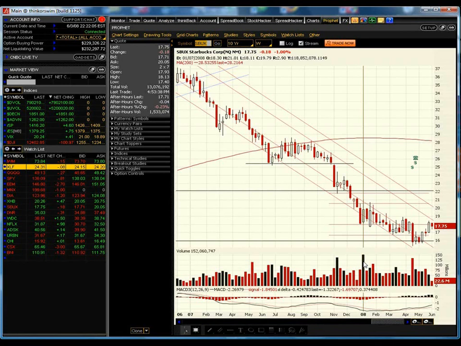I mean, think about it. 150 million shares. At this time, the stock was around $19 or $20. Just do the multiplication: $19 times 150 million shares. That's a lot of money that went into that stock on that particular day.